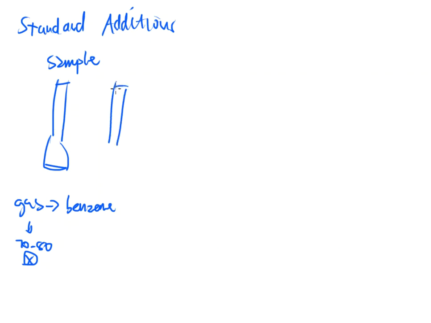And then I'll take some sample and put it into a volumetric flask. But before I do that, I'm going to add a little bit of benzene. I'll know how much, so the volume I'll know. And if I know the volume of benzene, or if it was a solid, the grams of benzene, I know how much is present in that volumetric flask.